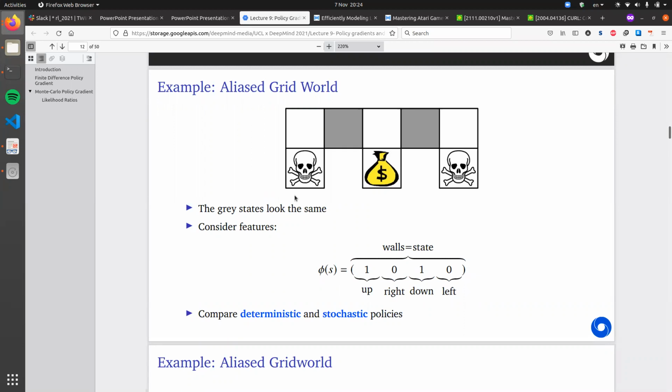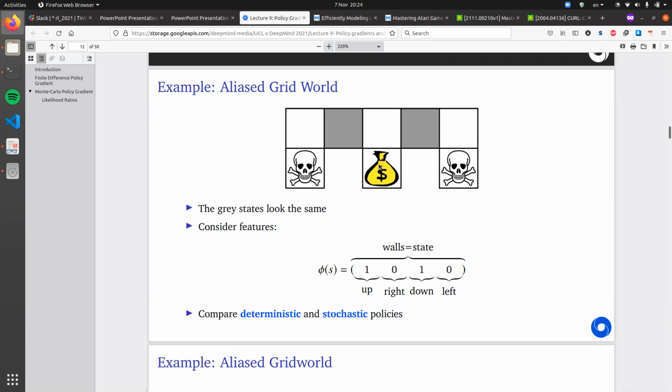But we can consider another very simple example, less detached from reality, I would say. So consider this simple grid world. We have 3 terminal states.